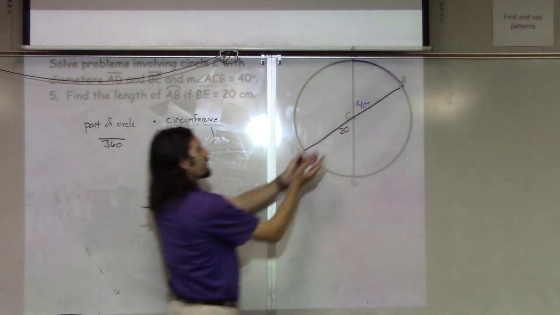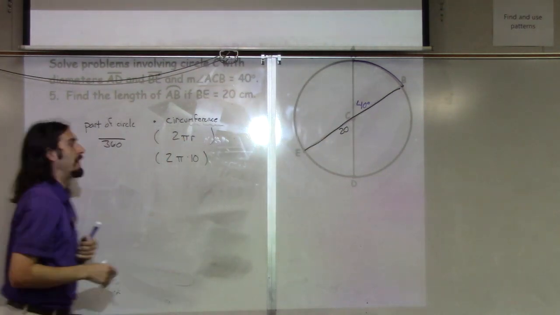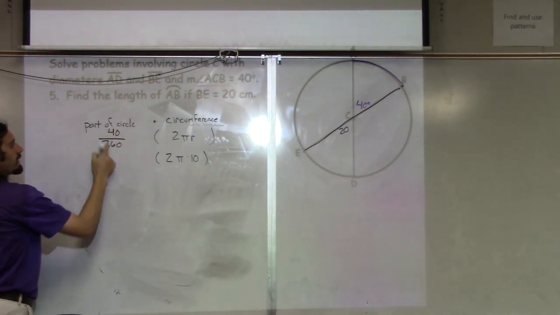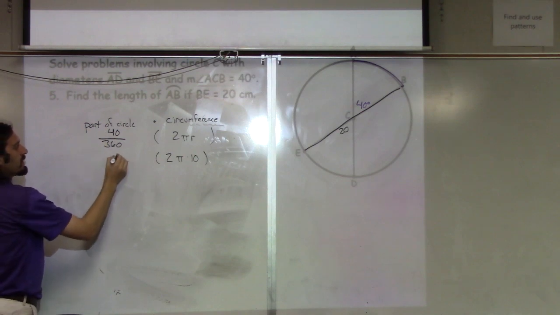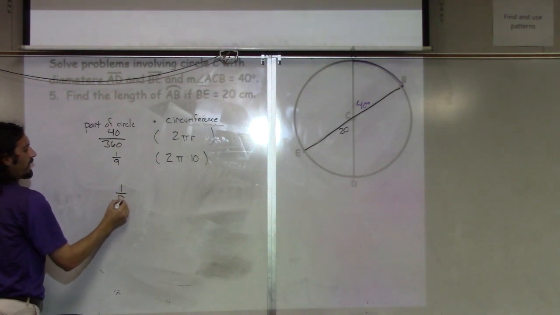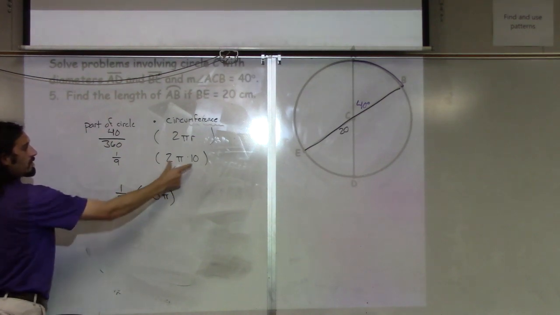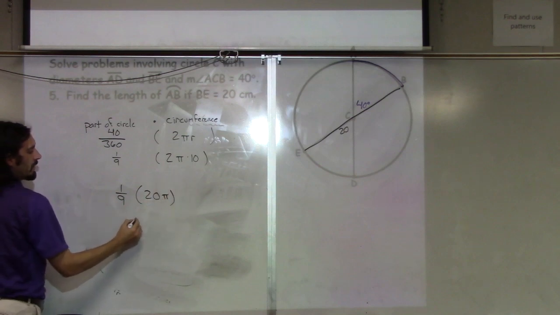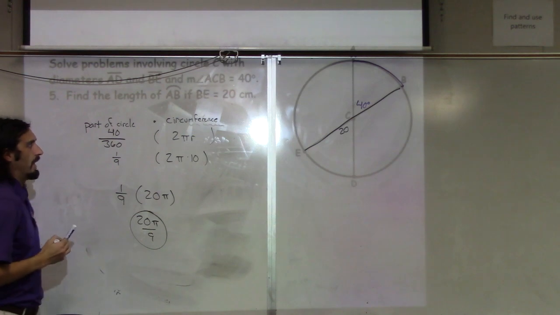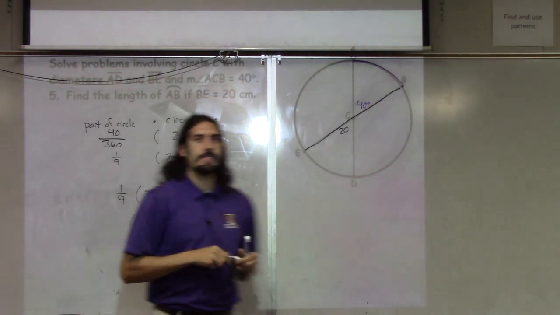We only want a piece of it. And how much of it do we want? Based off that central angle, 40 degrees. And so we can put that together, 40 over 360, I'm going to go ahead and simplify as 1/9. And so we can come down here and we've got 1/9 times 20 pi, just combining the 2 and the 10, and so we can finish this up and put 20 pi over 9 and keep an exact answer. And I guess technically we could throw centimeters on there because it is that linear distance.